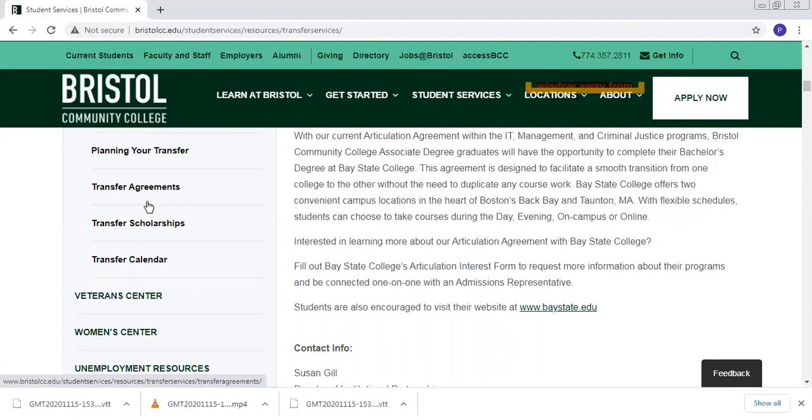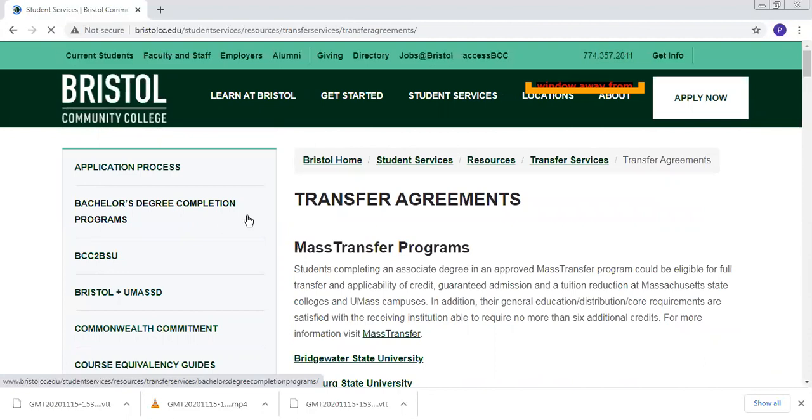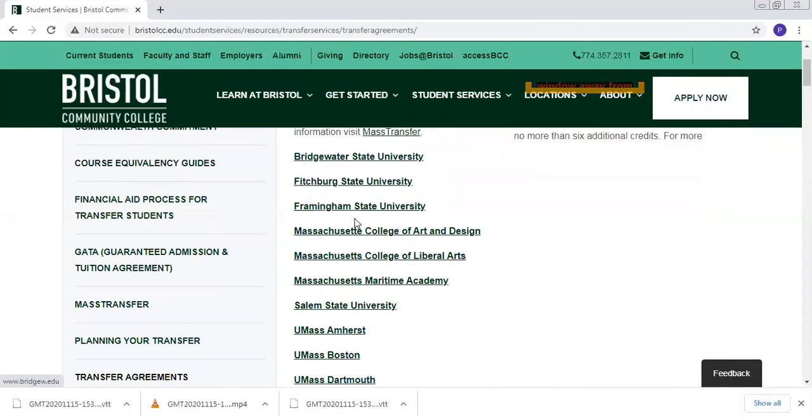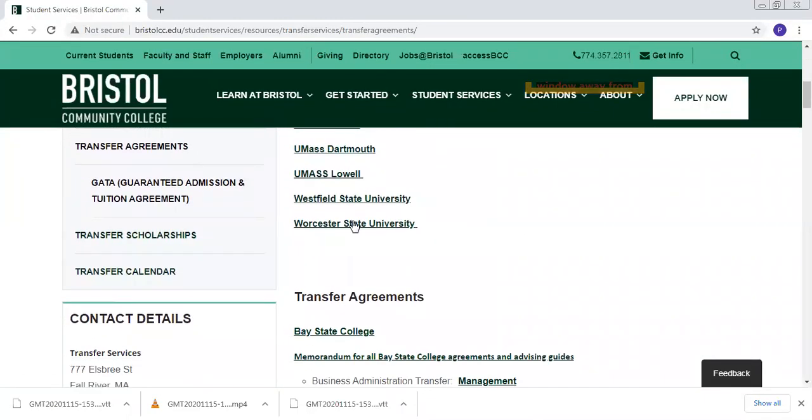This is what I basically want to talk about, which is something that you may not be aware of and you will not find on the state website, and that is the transfer agreements. We talked about all of these things available through the state schools.